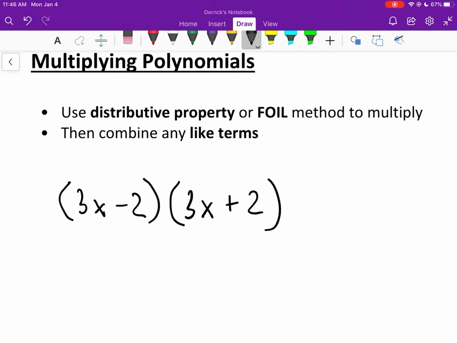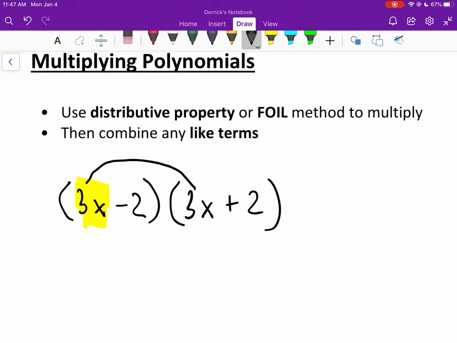If you don't know FOIL, then I don't really think there's a reason to be reteaching it to you at this point. We can just look at it as distributive property. In this case, it would effectively be double distributive property because we're going to need to distribute twice. Meaning from the first polynomial, I'm going to take 3x, just 3x, and I'm going to distribute that into the second parentheses.